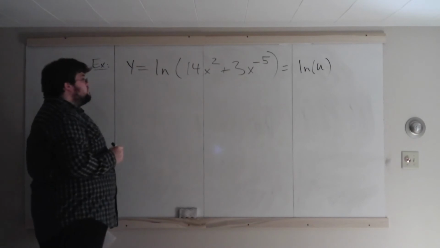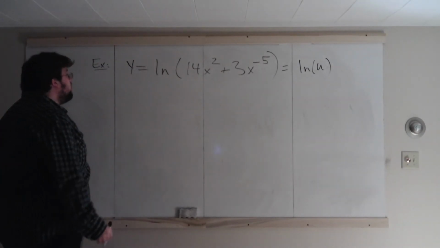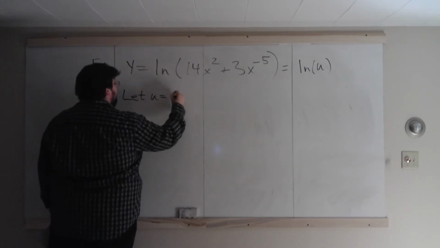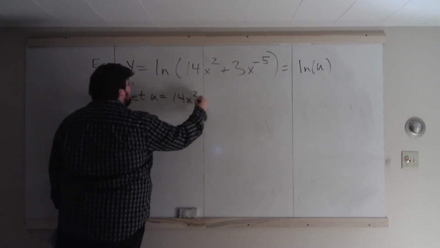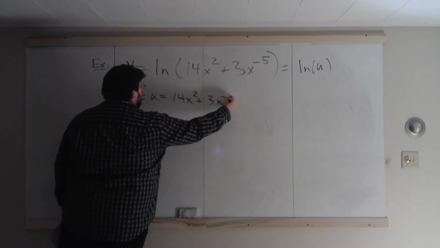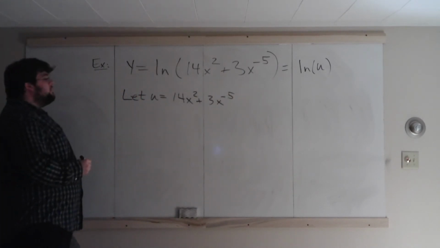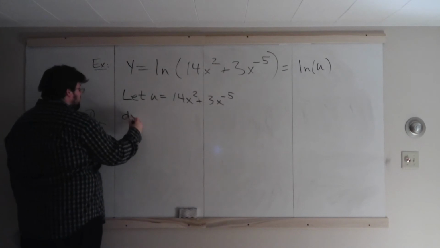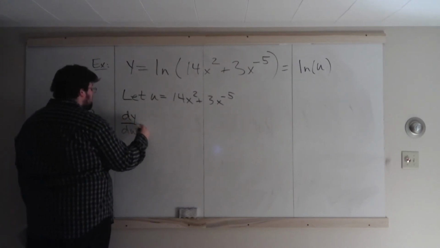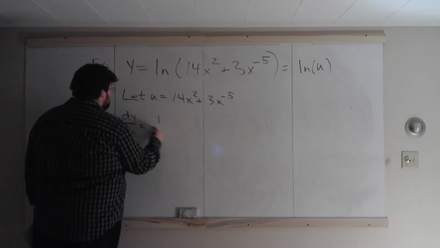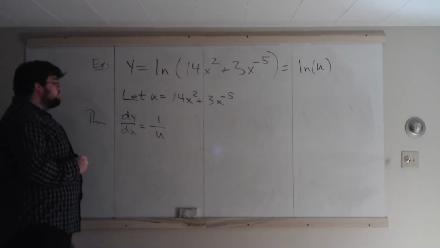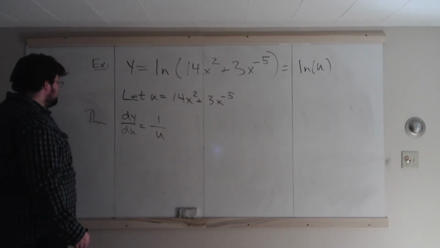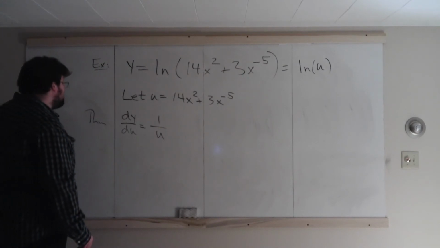So let's let u be that entire inside quantity, and then apply a chain rule. dy du is what? Well, derivative of log u is 1 over u from rule 9.